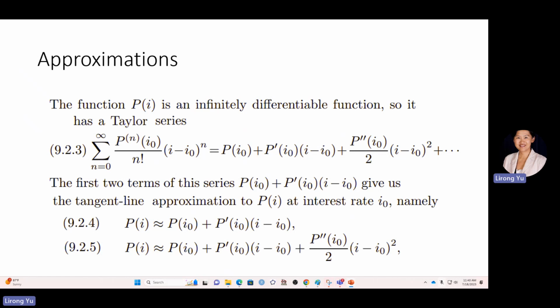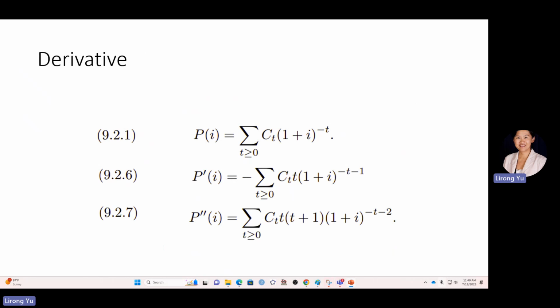So this is the tangent line of the function P expanded at the i0 point. So 9.2.4 would be the approximation function for P. 9.2.5 is the approximation function of degree 2 of P. Ideally, the one that has the higher power, the degree 2 approximation, should be more accurate than the degree 1 approximation. A little review of calculus.